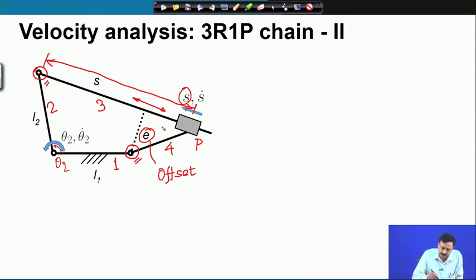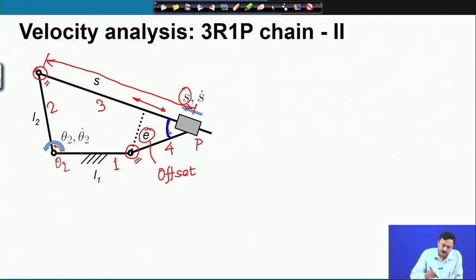As you can see, this angle is going to remain fixed, because the prismatic pair does not allow relative rotation between links 3 and 4.